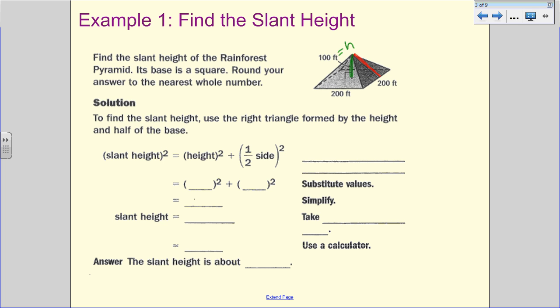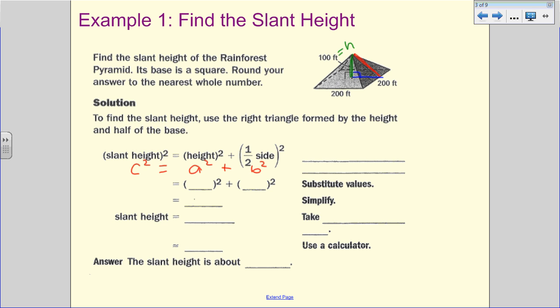So to do that, we need to use the right triangle formed by the height and then half the base. So we have a right angle here. So we know that the slant height squared, so this is similar to C squared, is equal to A squared plus B squared. This is the Pythagorean theorem that we're using here.